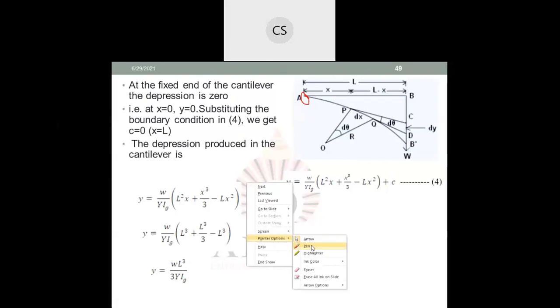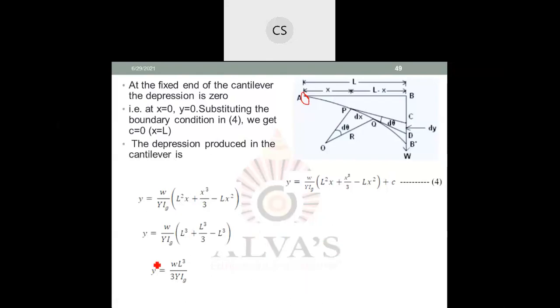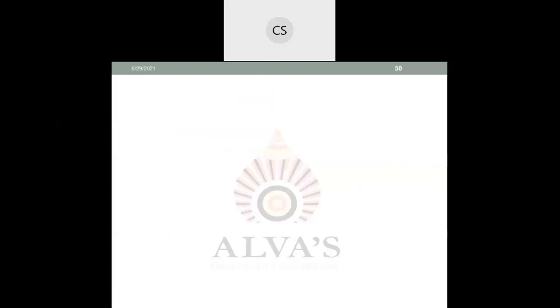Okay, so important thing, again I'll bring to your notice: this is small y, this is depression, this is capital Y, this is Young's modulus. Okay, clear?